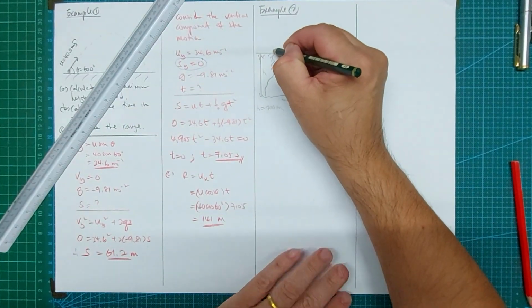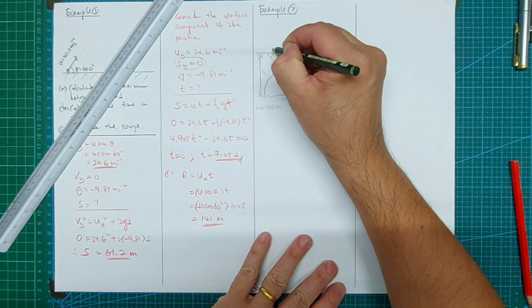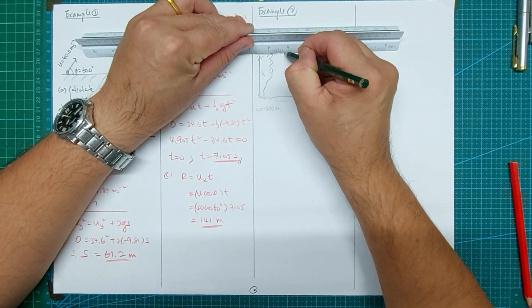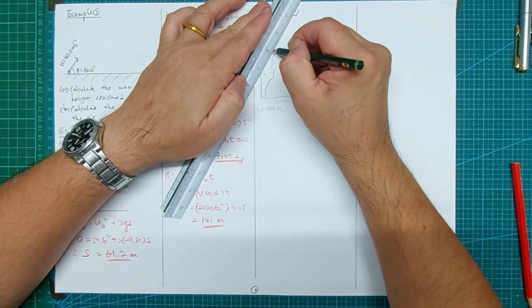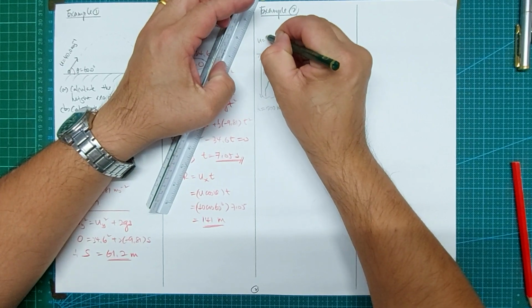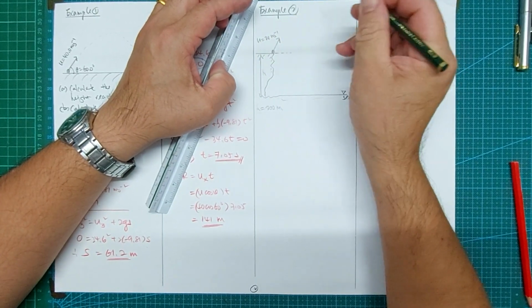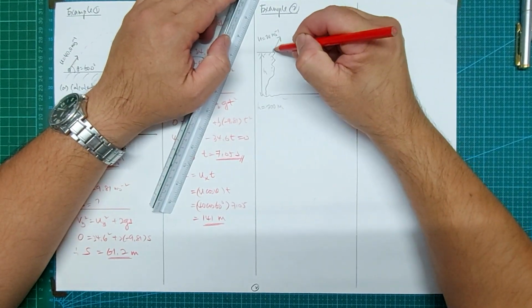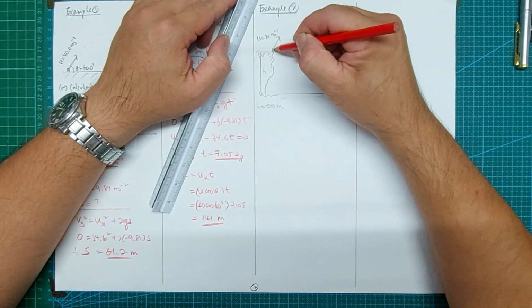So I'm going to launch an object at 60 degree from horizontal. So it's going to launch 60 degree more or less like that, with a u equal to, let's say, 20 meter per second. So this is what happens to the object in the projectile motion.